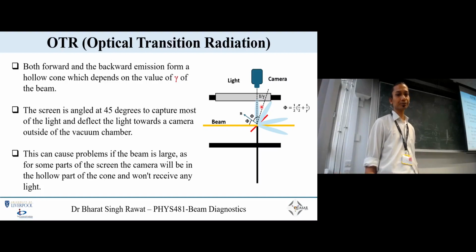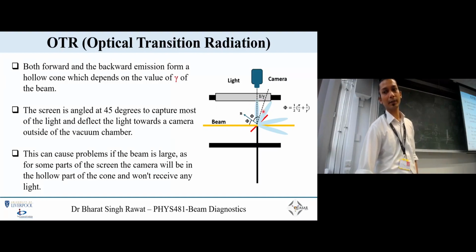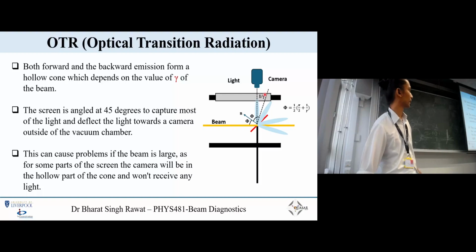particular angle. But this can cause a problem if your beam is a bit larger, because as you see in this angle you have these two lobes which are from the optical transition radiation. But if your beam is large, this lobe will be outside the range of your camera and you cannot capture it.